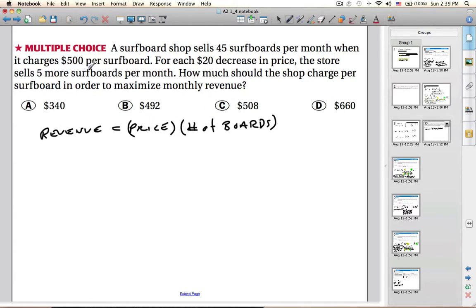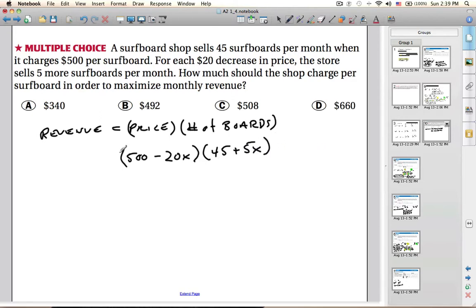They started off with $500 a surfboard, so it's 500 bucks minus, because we're talking about decreasing the price. So for each decrease in price, it's $20, right? So if X is the number of decreases, then 20 times X would be the amount of money we've reduced. And then for each, we sold 45 surfboards. For each reduction, we increase the number of surfboards, so that's plus 5 surfboards times the number of increases.